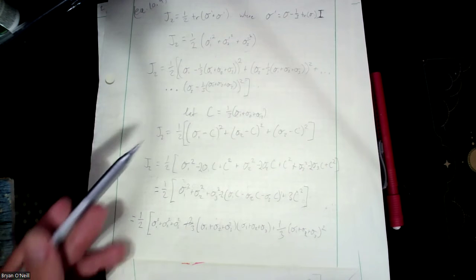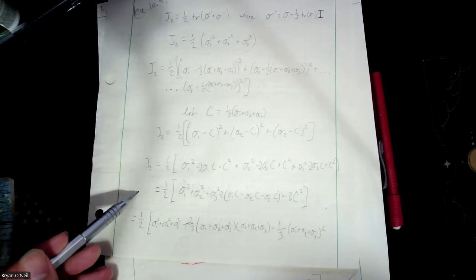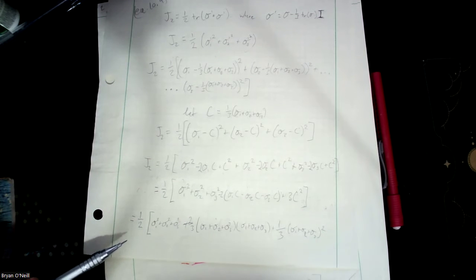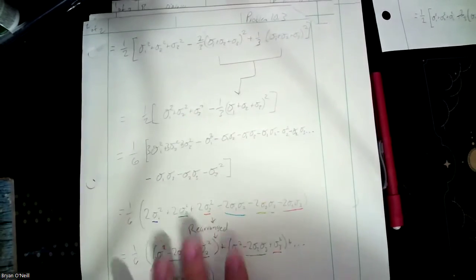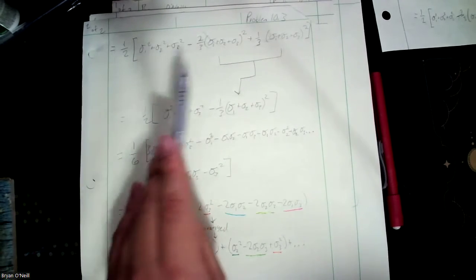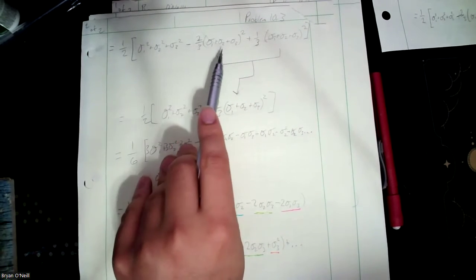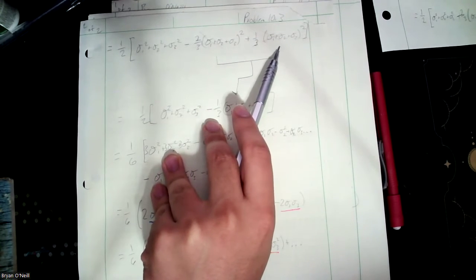Doing that, we get this next equation here. Expanding that, we get these two respectively. Then expanding this out again, we get that. Once we gather our terms together, I noticed that we had 2/3 of this plus 1/3 of this.